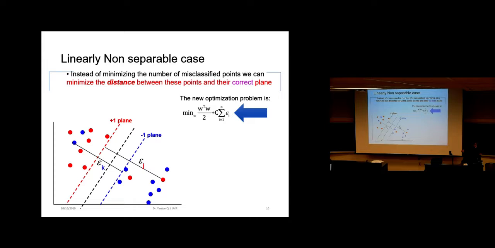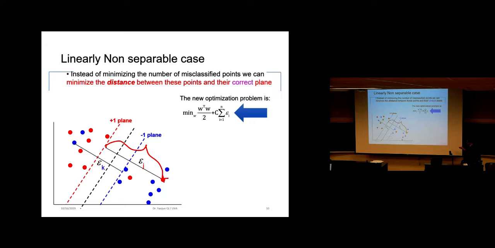For example, for this red point, this is epsilon j, the error it's contributing is the distance from the point to this +1 plane, because it's supposed to be on the left side but it's on the right side.